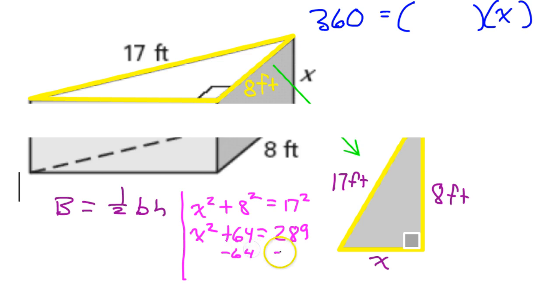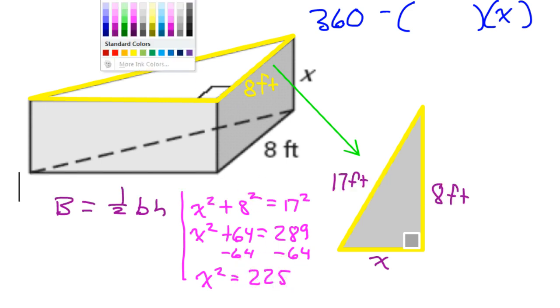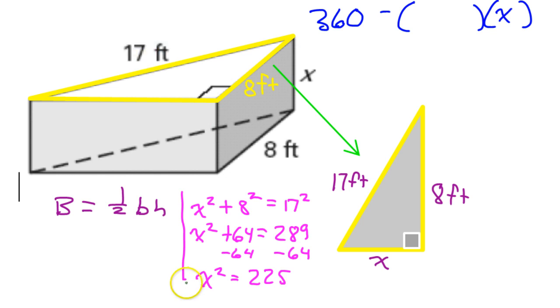Subtract 64 from both sides. Alright, ignore all this glitching, I don't know what that's all about. That is going to give us x squared is equal to 225. And then we could take the square root of both sides, and that will give us that x is equal to 15.